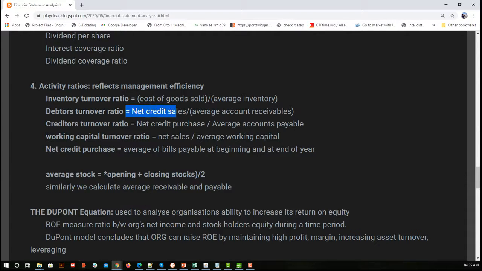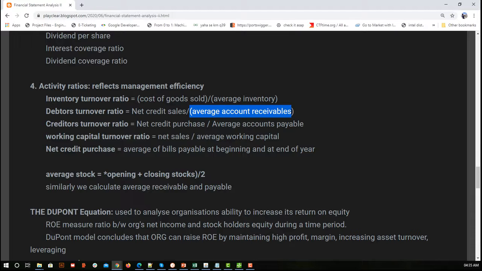Here we use net credit sales divided by accounts receivable to identify how efficiently a product is sold to an end user on a credit basis, and how efficiently an organization is able to get it back. That is a good debt, not a bad debt. So here, only 2 points.